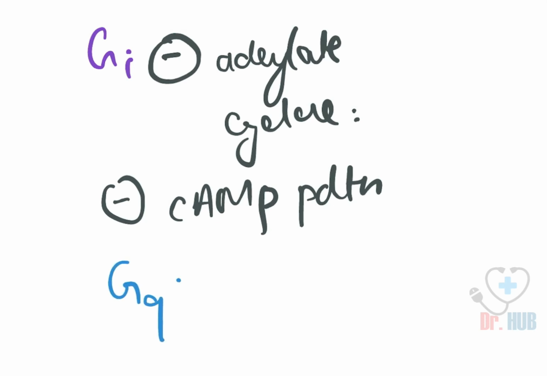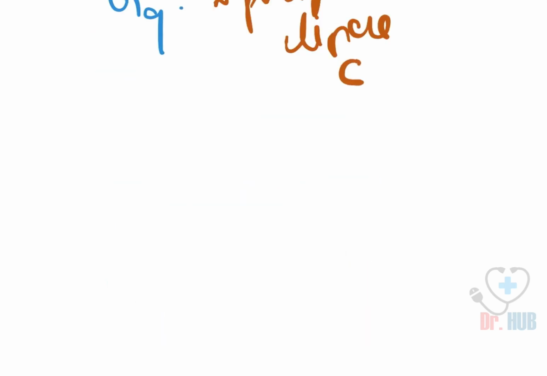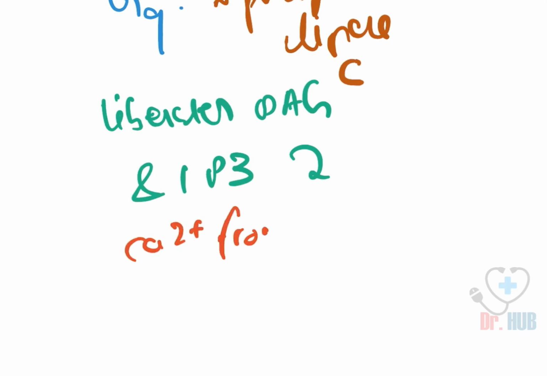Next we look at the GQ. So this activates the phospholipase C. So the second messenger here, it liberates the DAG and the IP3, which mobilizes the calcium from the endoplasmic reticulum.